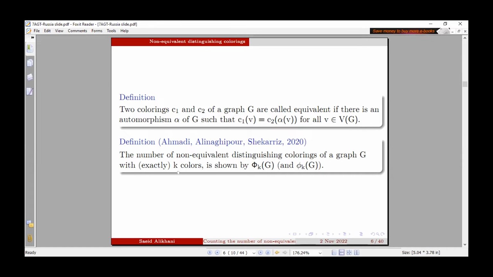Note that the number of distinguishing colorings with k colors, denoted by small phi sub k, means that you can use 1, 2, up to k colors.